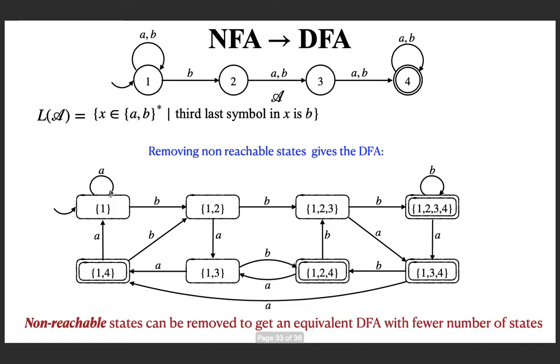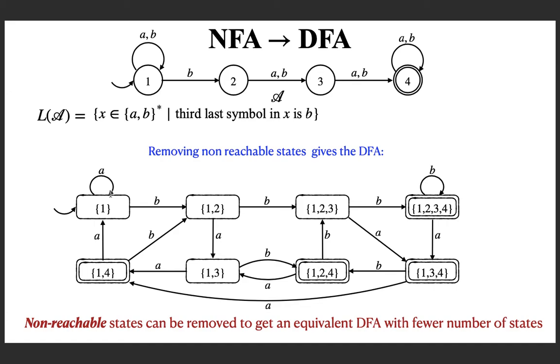So we have seen 2 different techniques to reduce the number of states. The first one is to find all the equivalent states and collapse them. That is what we saw in the first 3 examples. The second method is to find non-reachable states, if there are any, and throw them away.